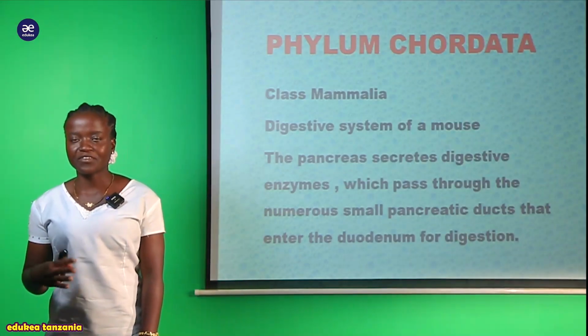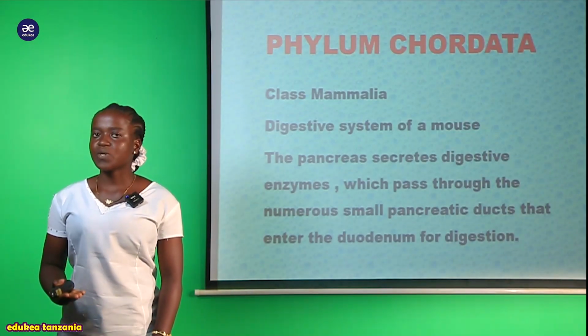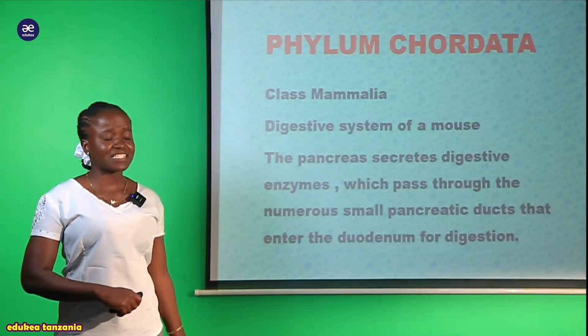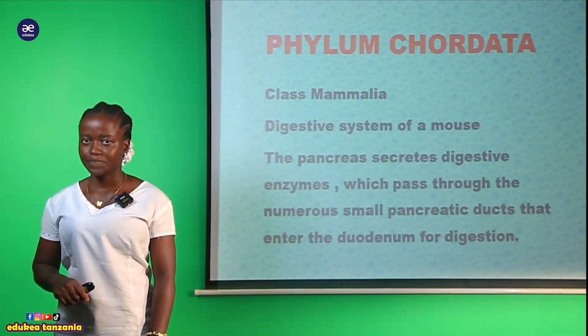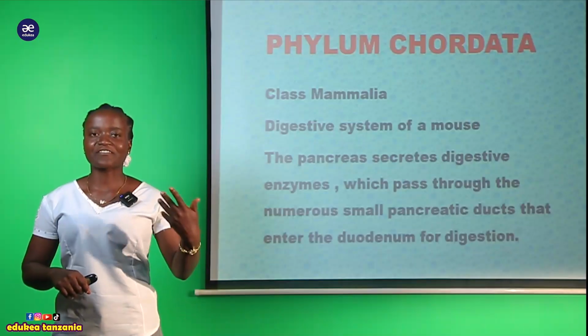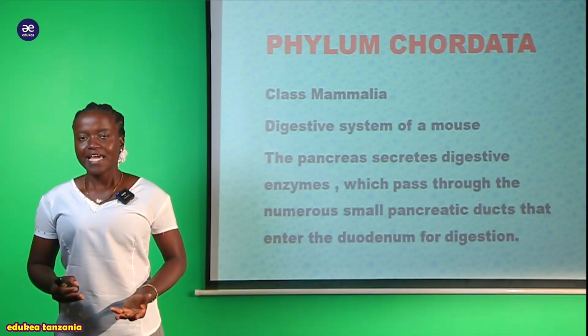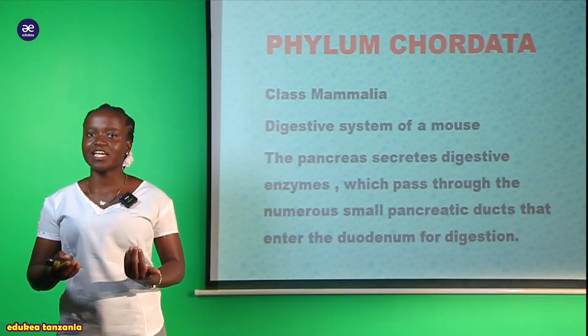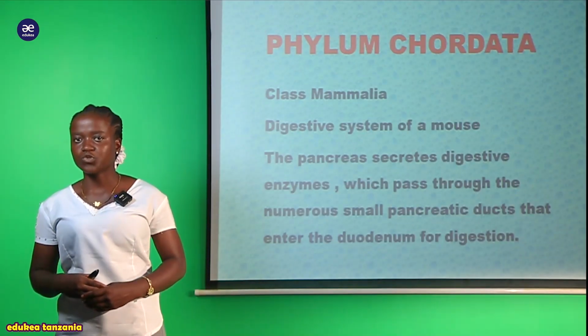So within the pancreas is where the digestive juice, or we say the digestive enzymes, are secreted. That is pancreatic juice. This pancreatic juice is the one which helps in the digestion of food within the duodenum.